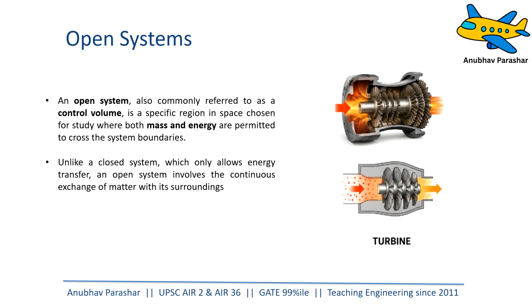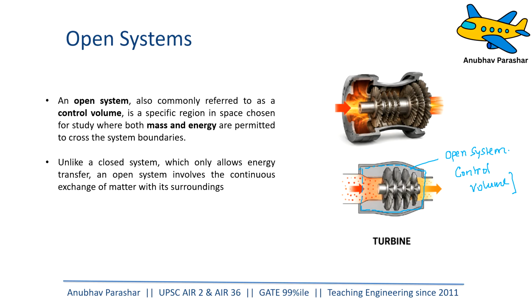Now, an open system is also referred to as a control volume. Suppose, for example, let us consider this turbine. We take up the turbine, and we consider it to be our open system, which is also referred to as control volume.